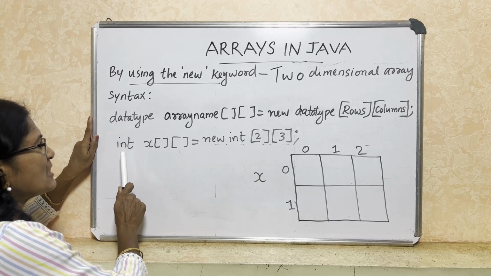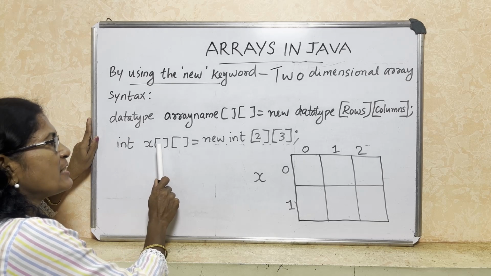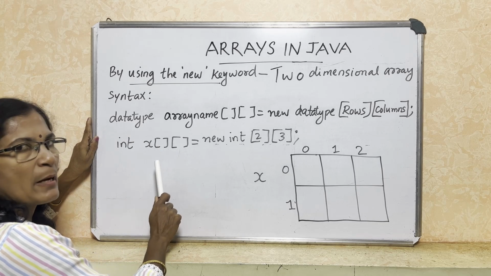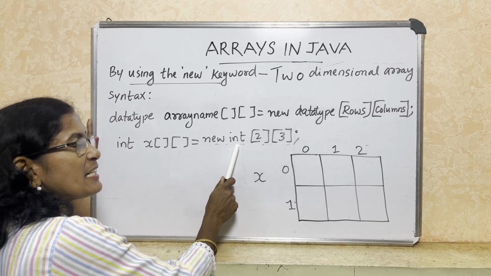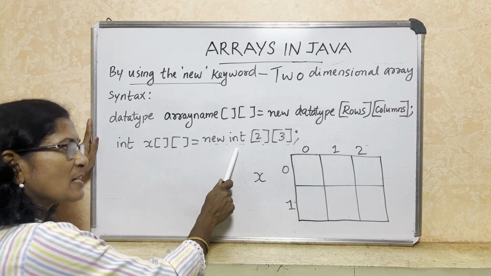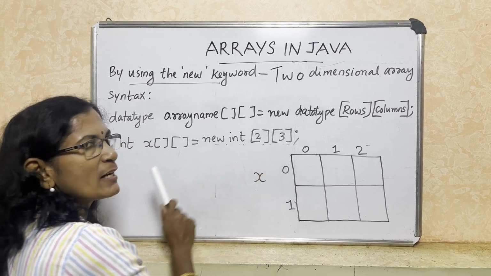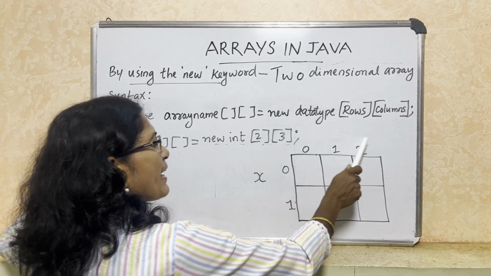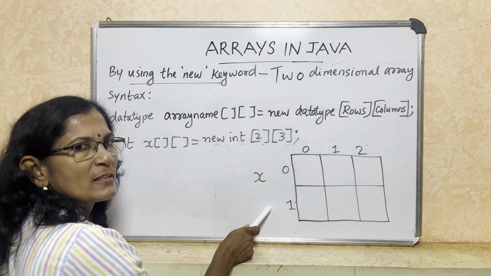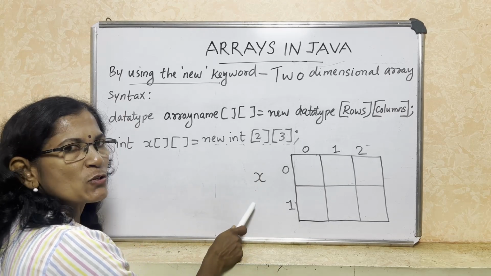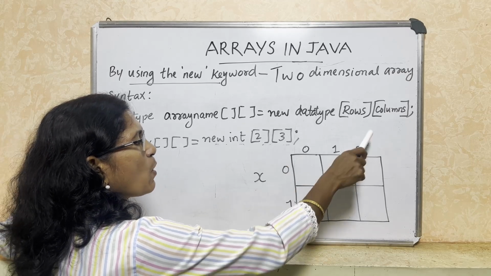So the syntax is int, array name x, double subscripted variable, new keyword is used, new int of 2 by 3, 2 rows and 3 columns. So a two-dimensional array, a matrix-like structure, will be reserved in the memory for storing the data. So it has 2 rows and 3 columns.